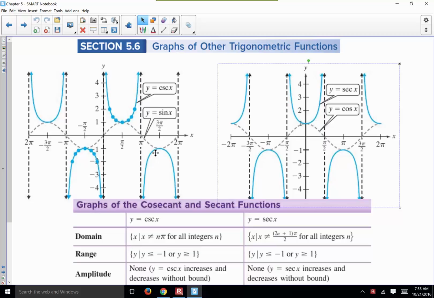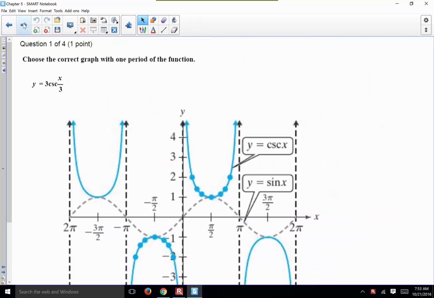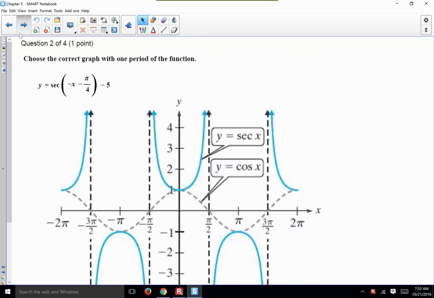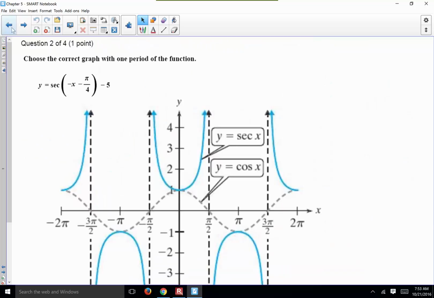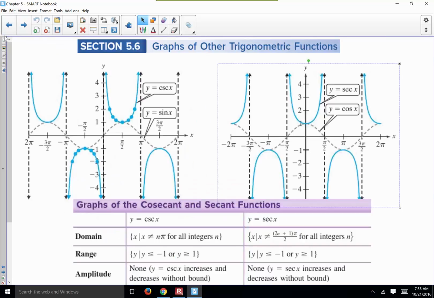Graphs of cosecant, which is on the left, graph of secant, which is on the right, 2 more coming up in the next pages, tangent left and cotangent right, and we will have 4 questions about them. Okay, so the idea is very similar to sine and cosine.